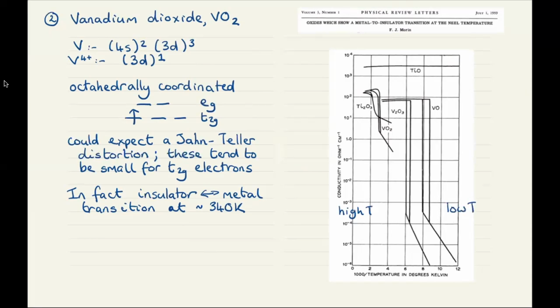And then here are the data for vanadium dioxide. So we see we have high conductivity on the high temperature side, and then low conductivity on the low temperature side. And the transition temperature here corresponds to around 340 Kelvin.